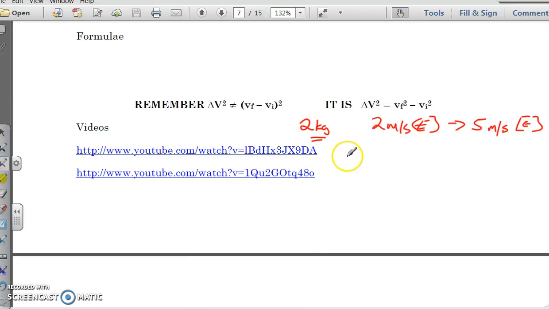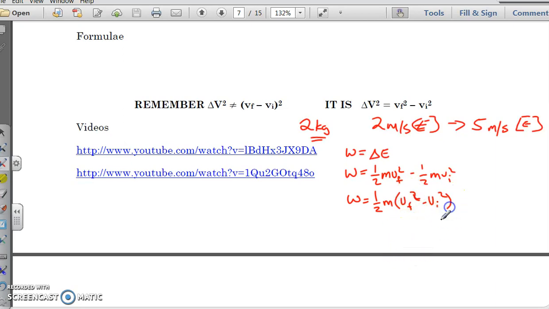Now, because work is equal to delta E, you could look at this as 1/2 mv squared, where this would be the final amount, minus 1/2 mv squared, where this would be the initial amount. And we can factor this to get 1/2 m, and we've got Vf squared minus Vi squared.